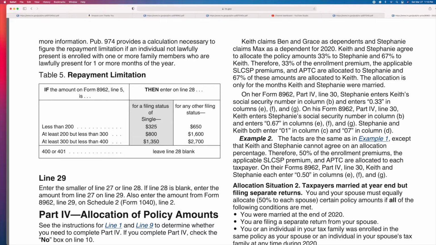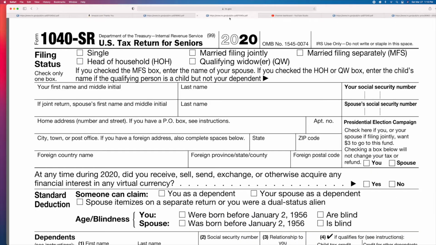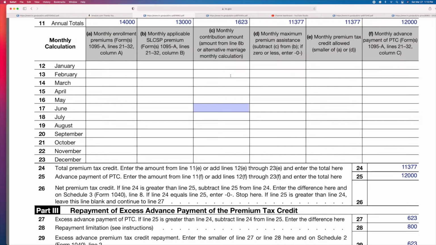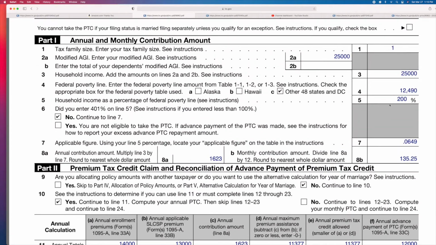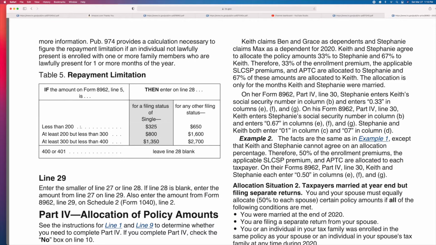If the amount on Form 8962, line 5, and line 5, by the way, is the percentage that your income is of the federal poverty line, remember that. If it's less than 200, you're going to put $325 on line 28. But if it's over 200%, but less than 300%, you have to put 800 on line 28.